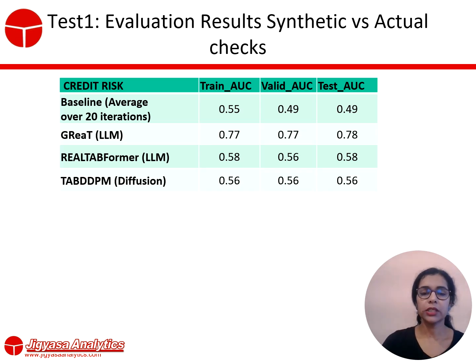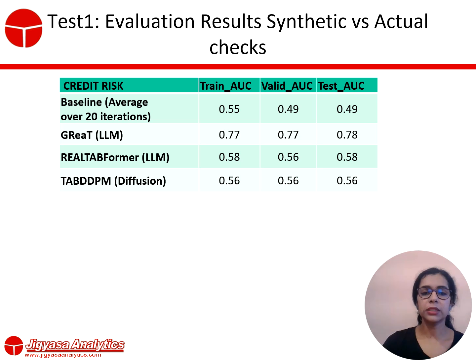To set a reference point, we have created a baseline model using only the real dataset. We randomly split the real dataset into two parts. One part was labeled as real and the other part was labeled as synthetic. We repeated this process 20 times, training a classifier on each split to see if it could distinguish between the two.